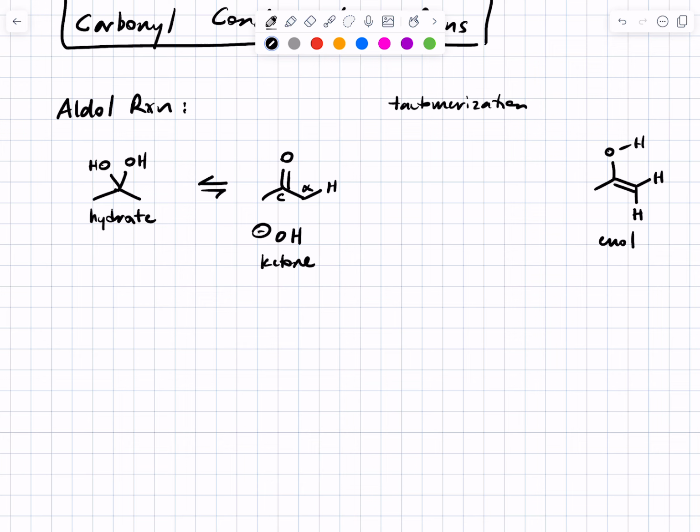And it happens under basic aqueous conditions via an enolate intermediate, which we've shown forming when the OH minus deprotonates the carbonyl compound at the alpha carbon to give us this resonance stabilized enolate intermediate, which we've drawn a couple of different ways. Either way is okay. All of that should be familiar to you so far.